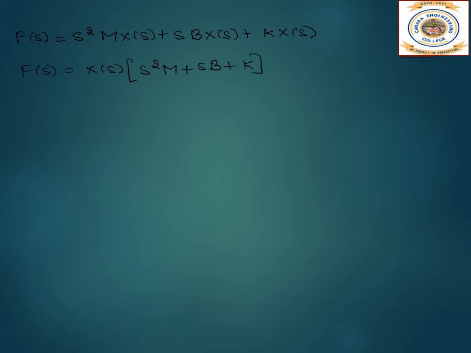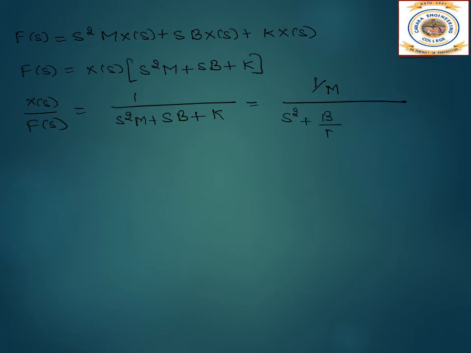So the transfer function X of s by F of s is equal to 1 by s square m plus s b plus k. Now, since we don't want any coefficient with s square, let us take m out. So 1 by m goes to the numerator, divided by s square plus b by m into s plus k by m. So we have got the transfer function.